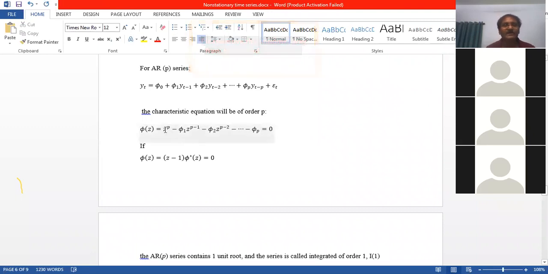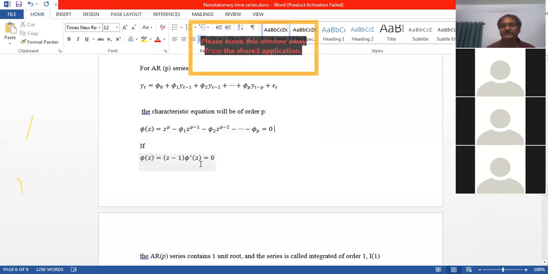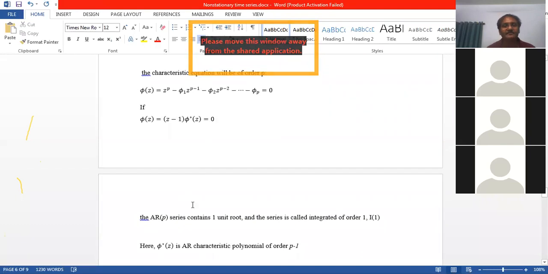Now suppose this polynomial can be factorized in this way: z minus 1 into the rest component, and the rest component we have denoted here by phi star z. So suppose phi of z is equal to z minus 1 into phi star z. How to get it? Just by taking the factor z minus 1, if we can express this in this form.